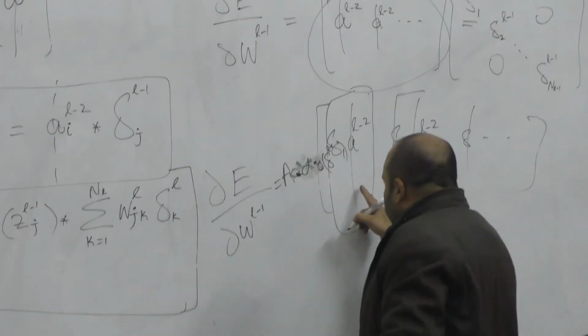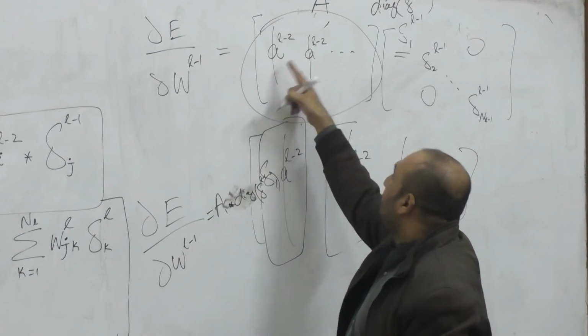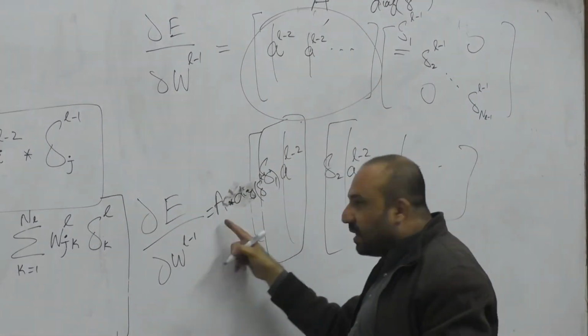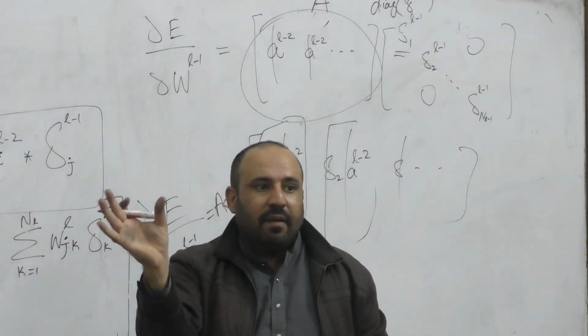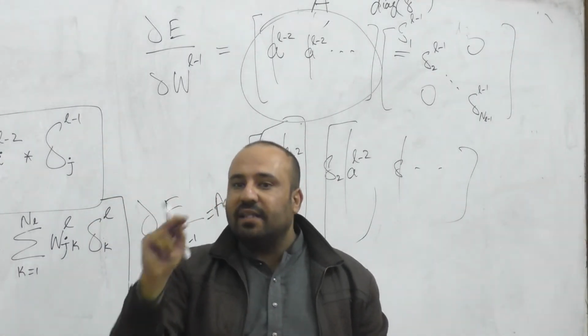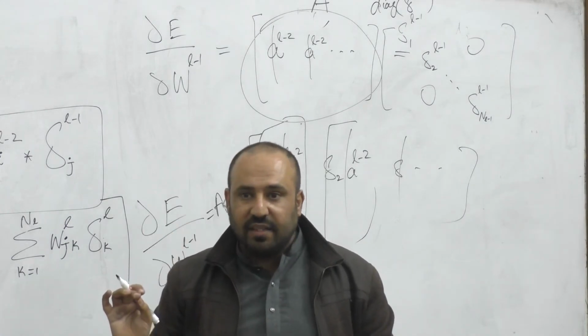So you compute all the delta of L minus 1 and compute this A. A is just a copy of these vectors. Multiply them together, and you have all the weight updates of one layer at once. So now you can update the weights of that layer. Clear? Excellent.